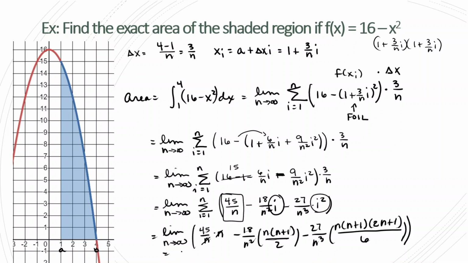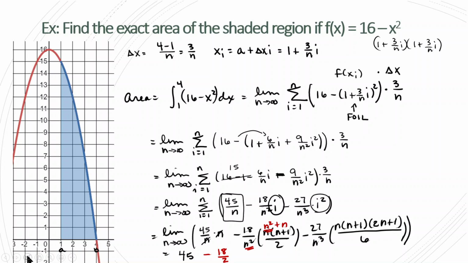So the 45 is a constant, so it just stays as itself. In this second term, this is n squared plus n, so my n squared is the ruling factor, will cancel to 1 and leave me with 18 over 2.